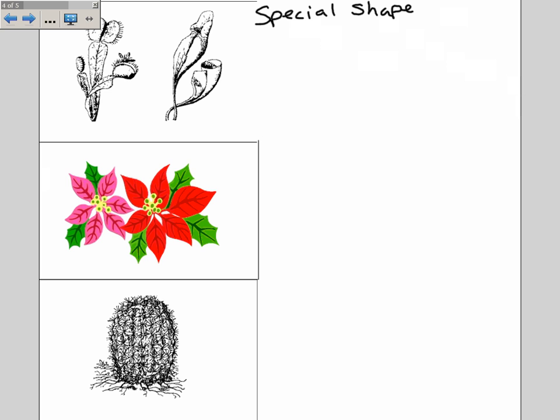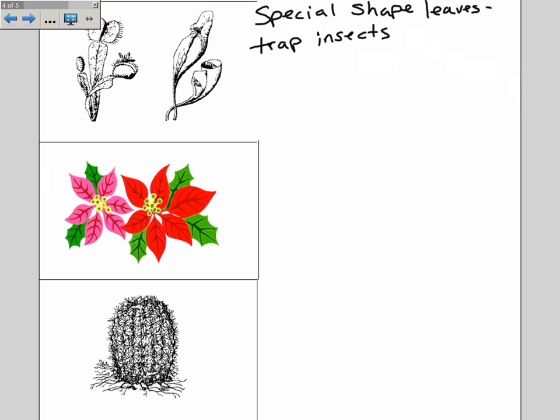They're trying to trap insects. So even though these plants are producers, they can make their own food, they're also carnivores. They eat meat. They eat animals. Kind of neat.